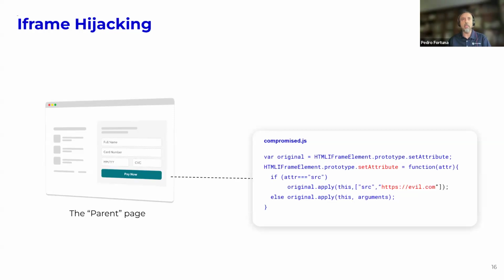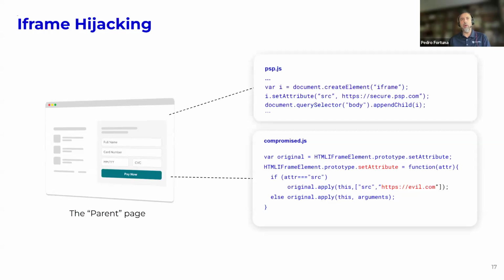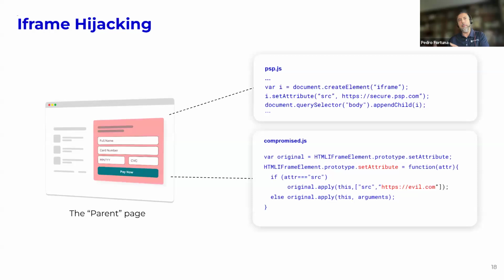In this example, the compromised script is monkey patching the setAttribute DOM method in a way that when this method is called with the attribute src of an iframe element, it will actually replace the destination address with one indicated by the attacker. Later, when the PSP script runs, eventually it will call this DOM method, which will result in the monkey patched method being called instead.